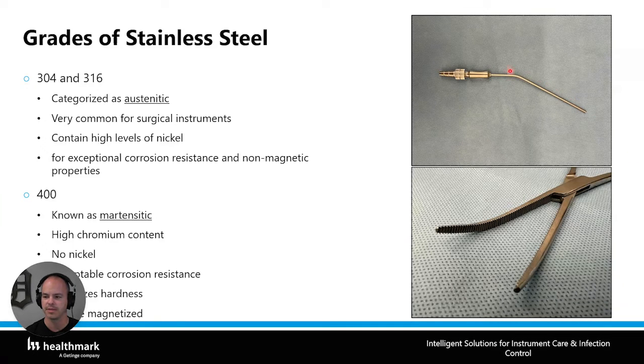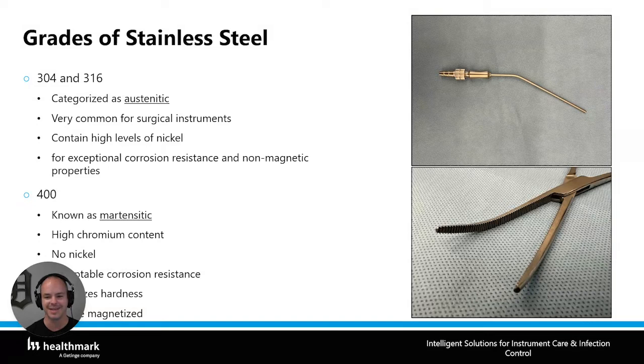Hopefully you can see this, but the suction tubing is an example of a 300 level grade of stainless steel. Then we have 400, which is known as martensitic. This one has a high chromium content with no nickel.